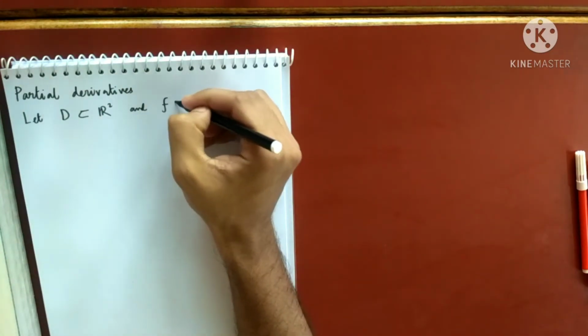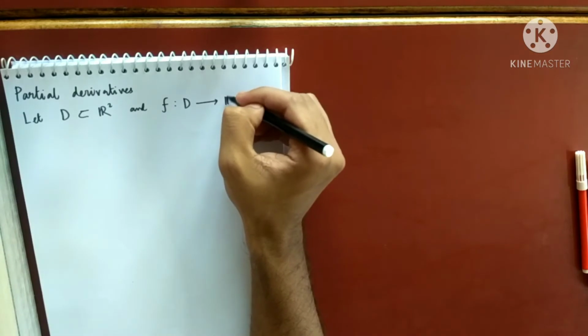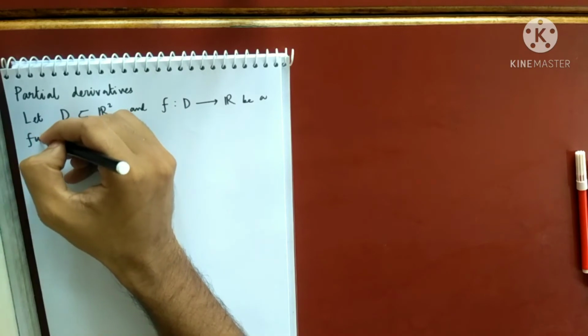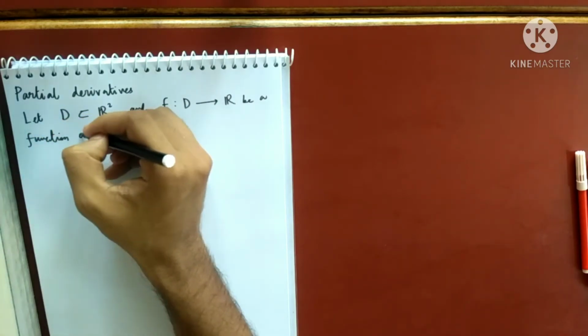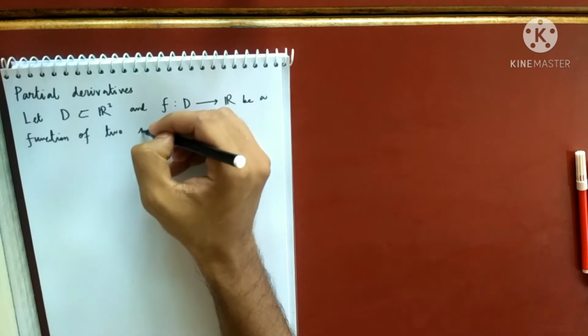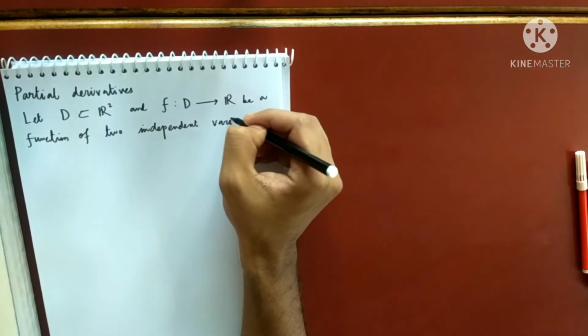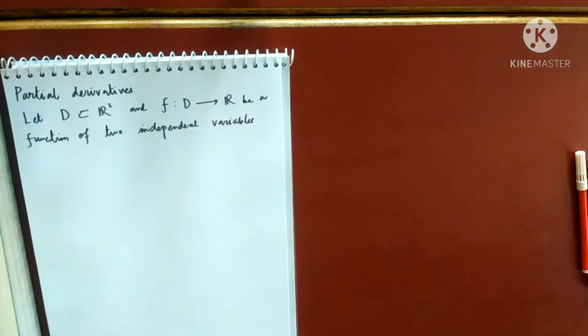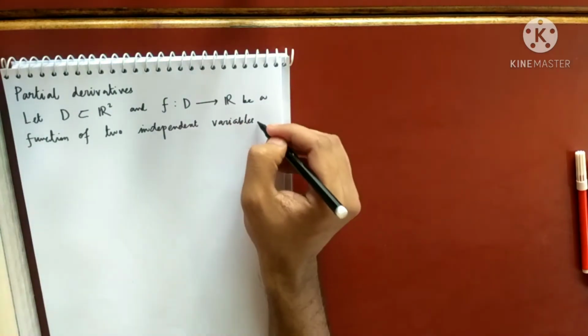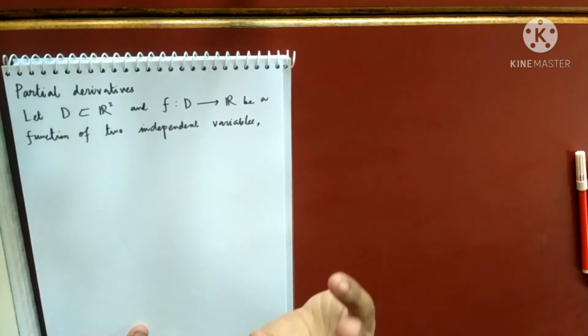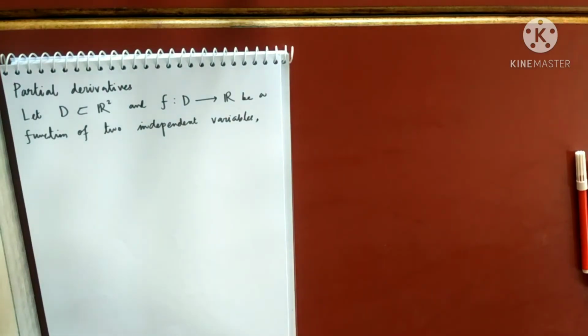And suppose f is a function from D to R, a function of two independent variables. This notion can be introduced for Rn also, but as said, we will be mostly interested in R2 only.